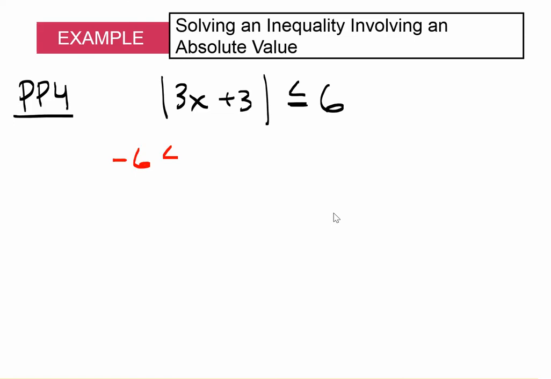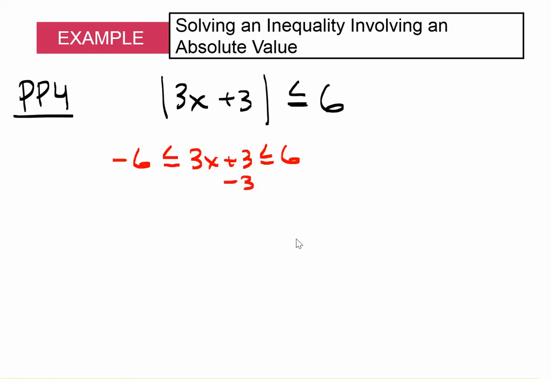So in this case, we drop the absolute value, put a negative 6 on the other side, and go back to the previous slide if you need to, or go back to the rules in your book. Again, what we do is we take this value 6, we take its opposite, bring it over here. We get rid of the absolute value marker. So really what we're saying is this expression is stuck between a negative 6 and a positive 6.